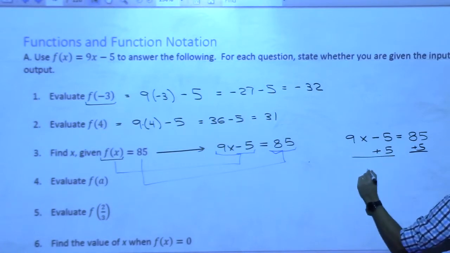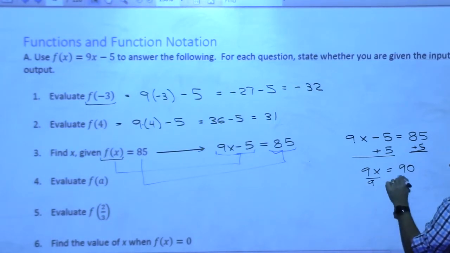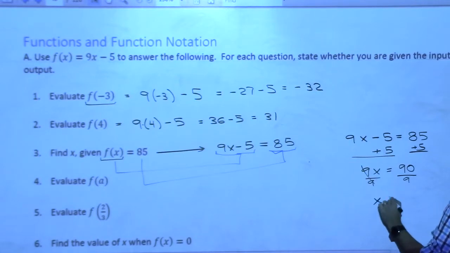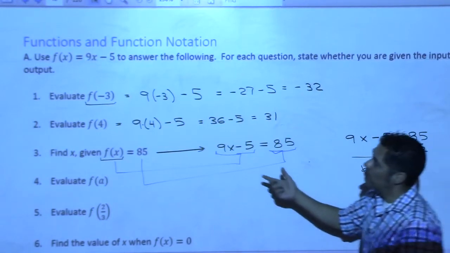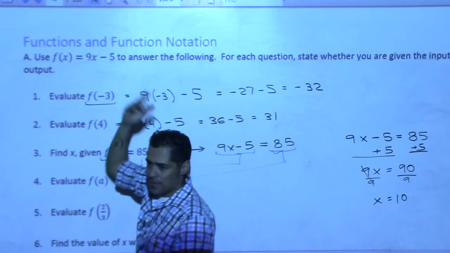So add 5 here, we get 9x equals 90, and then divide by 9 on both sides. So x must be 10. So if 10 gets plugged in, we could check it. 10 times 9 is 90. Take away 5, that's going to spit out 85.